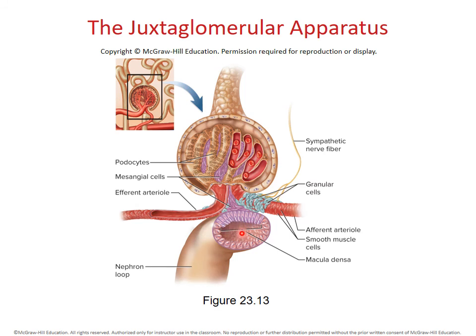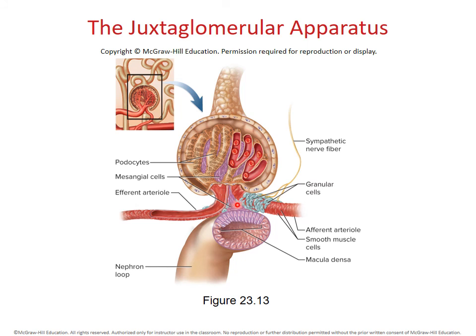this fluid. That will be absorbed by the macula densa cells, which are these special sensory cells that line the tube right here, and they will secrete ATP. That ATP is going to be picked up by the mesangial cells, which are right here next to the tube, and those mesangial cells are going to metabolize the ATP into adenosine.